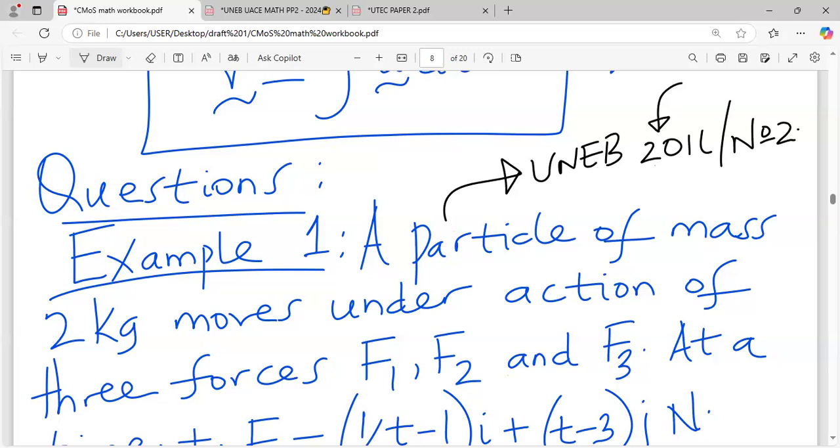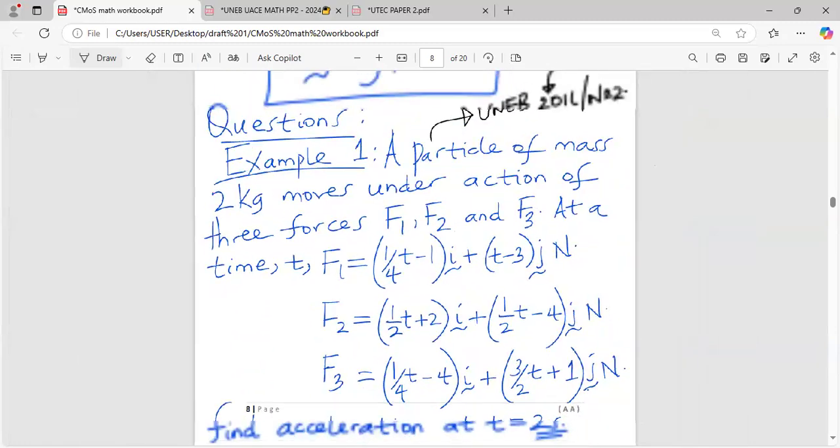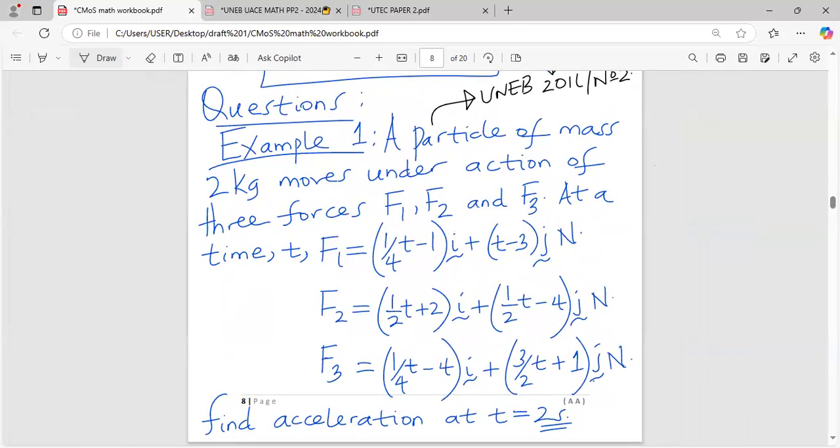So realize this is a number where you have a lot of forces, you have mass, and you want acceleration. So that means for this case, we have to use Newton's law, because here calculus is not going to help us. We have the forces, we have mass, they need acceleration.